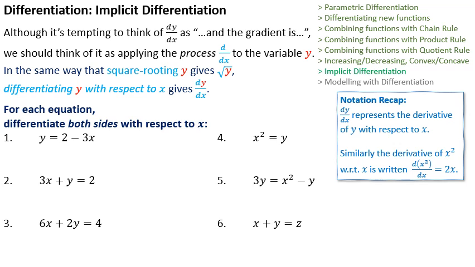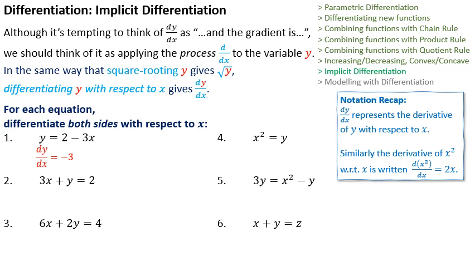If it's something which involves a variable that we're not differentiating with respect to, in other words, in this case y, if you're trying to differentiate y, we know that the derivative of y is just written as dy by dx. Give it a go, see what you can write down for these 6, and then when you've had a bit of a stab at it and you've tried to get yourself in that thinking pattern, then unpause the video and we'll go through the 6 answers.